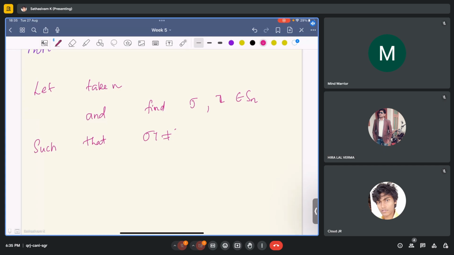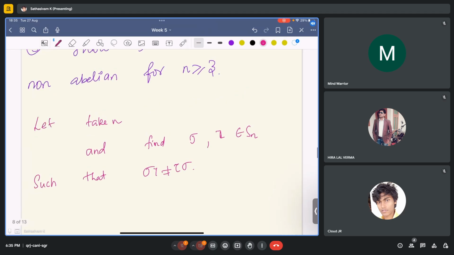So sigma tau not equal to tau sigma. Well, this is also easy, but what we'll do is we'll just use the previous problem.